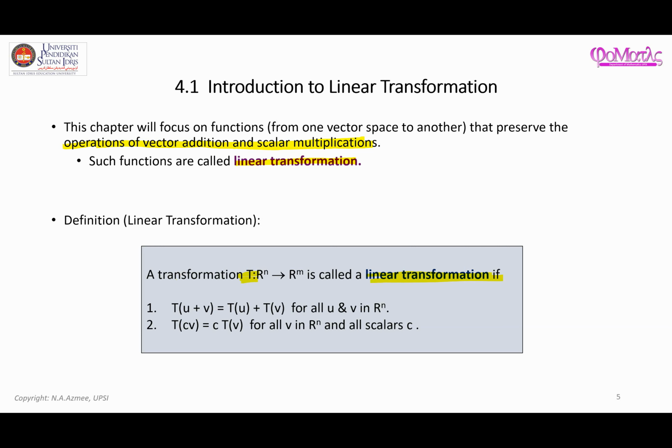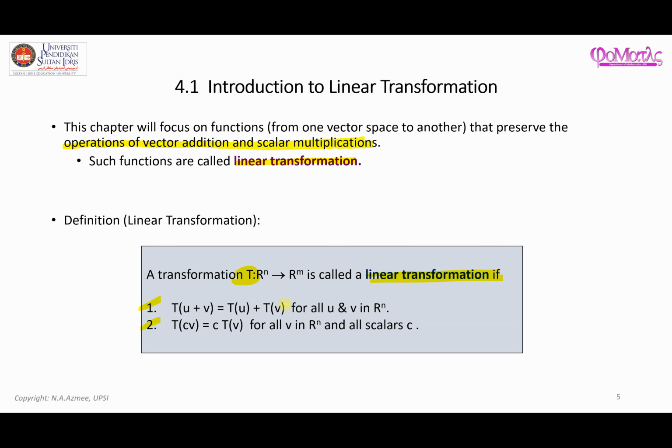You can transform from one vector space to another, even though the dimensions are different. It could be n and this is m, doesn't matter. They could also have the same dimension, but what I'm trying to say is that this T here is a linear transformation if it fulfills two conditions.